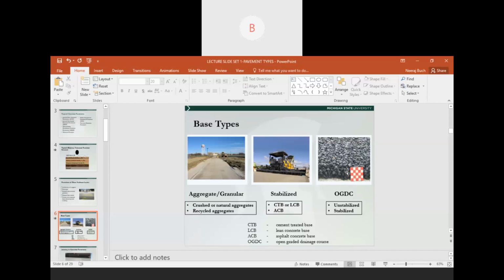So these are examples of different bases that can be used under the concrete pavement to make sure the pavement has adequate performance and can last its design life.